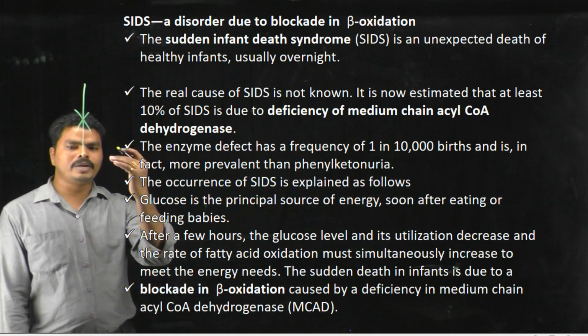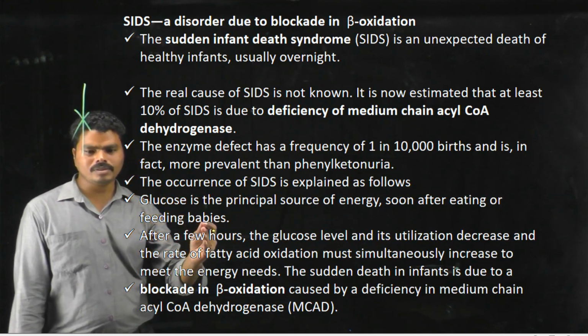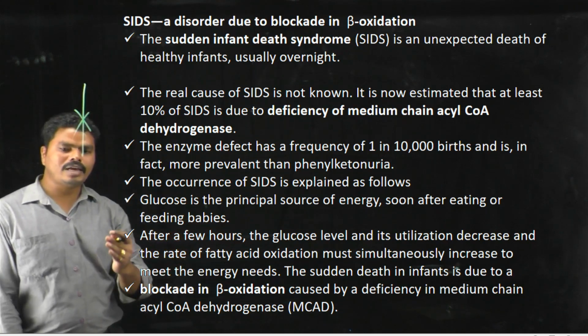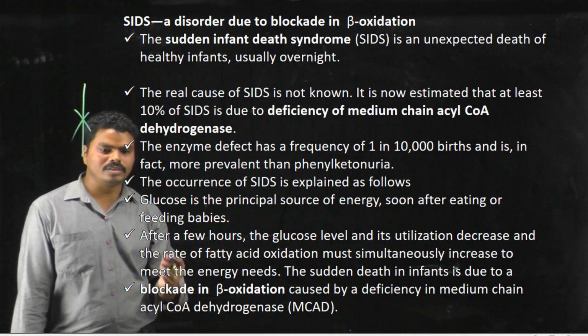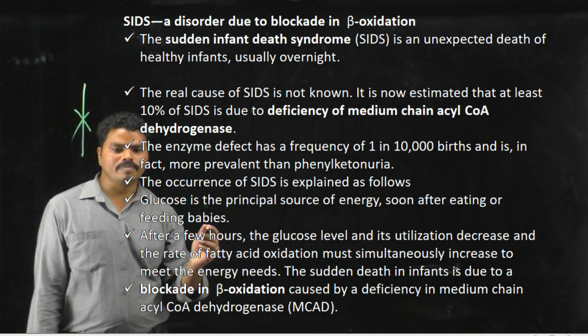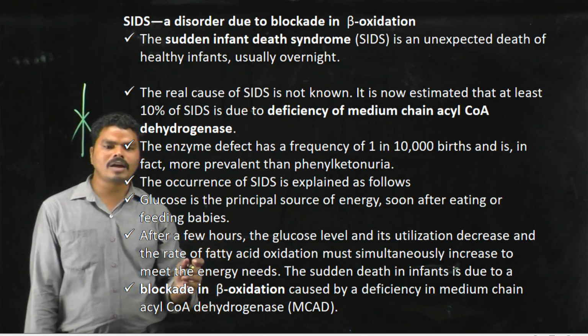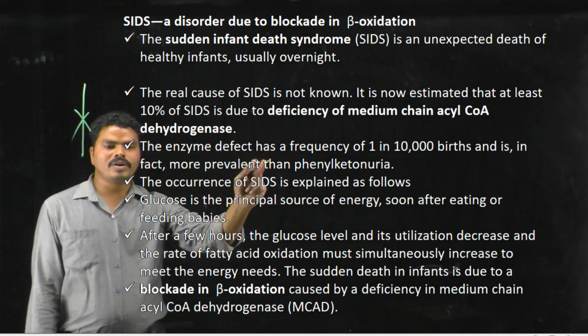So the beta oxidation of fatty acids will come into the picture, and it can serve the energy need. During that process, a blockade of beta oxidation can occur by the lack of medium chain acyl CoA dehydrogenase.